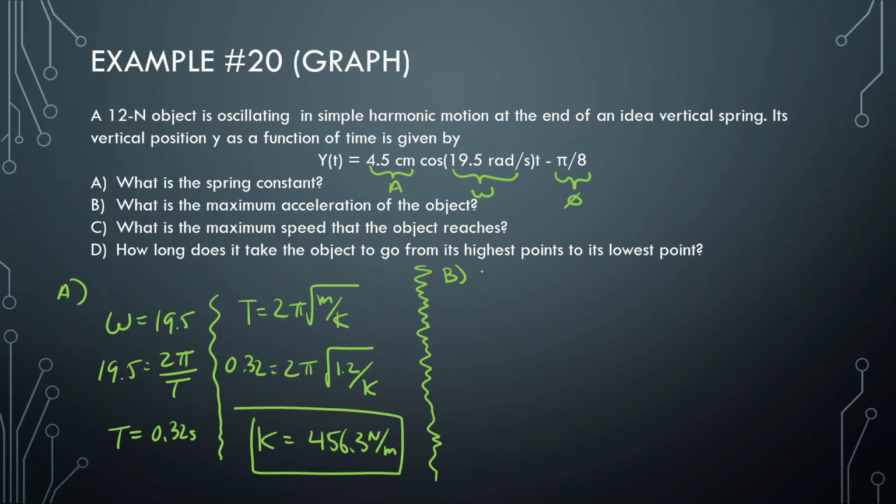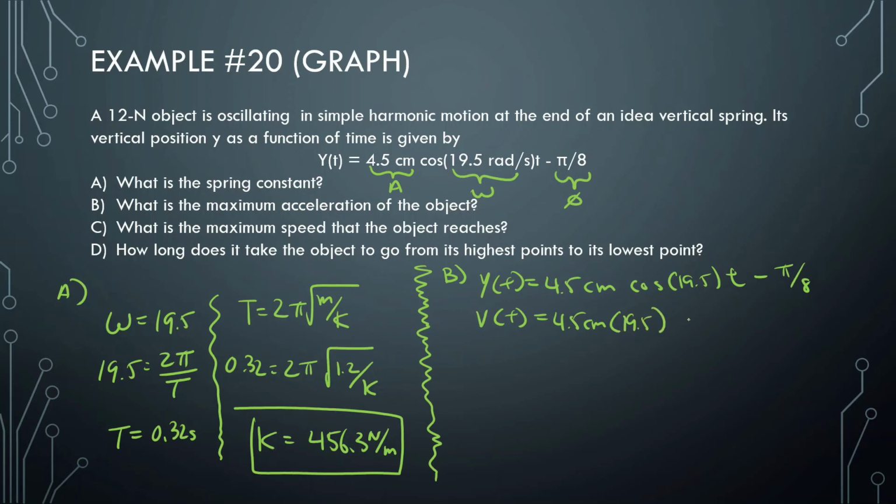Okay, so I know that the position as a function of time is equal to 4.5 centimeters times cosine of 19.5t minus pi over 8. Now the velocity as a function of time is going to be equal to 4.5 centimeters times 19.5, if I do the chain rule.